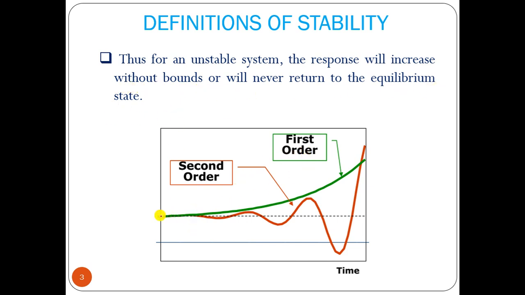For first order system, it will start increasing, and as time goes to infinity, the output response value should go to infinity. If it is second order or a higher order system, it starts oscillating and amplitude is increasing with respect to time, and as time goes to infinity, the value may reach infinity. Then we can say the system is unstable.